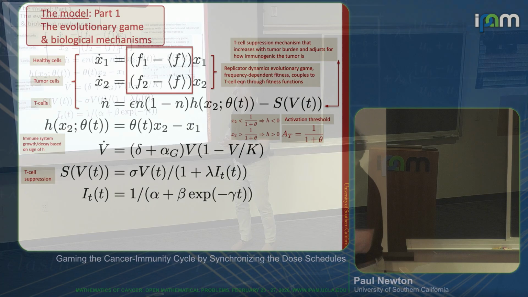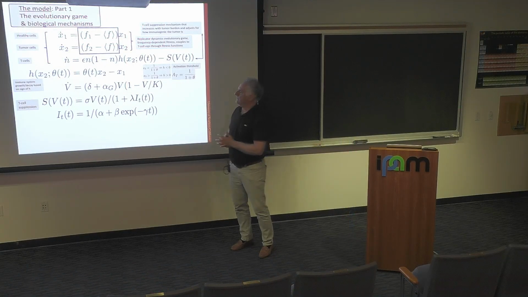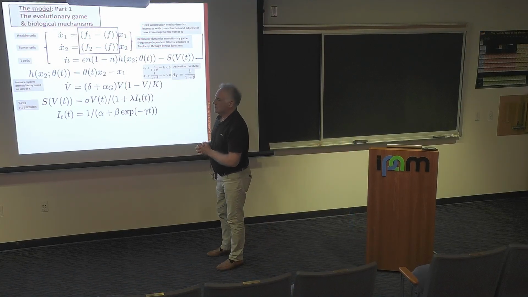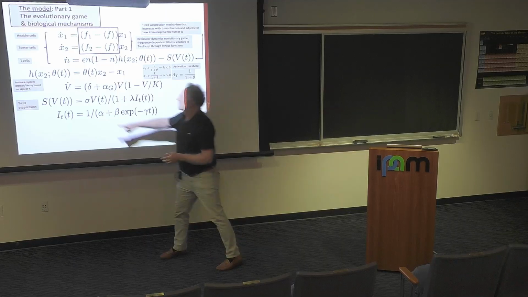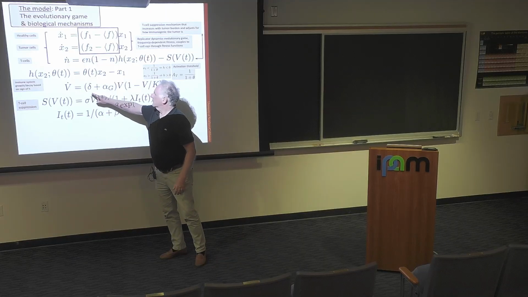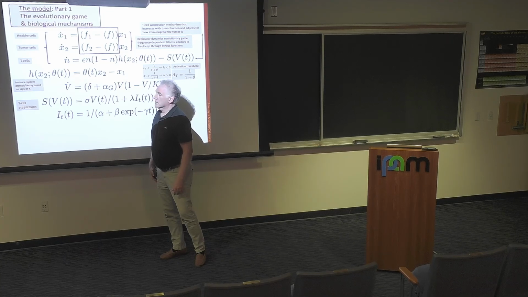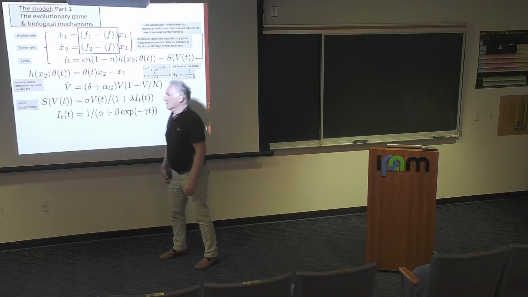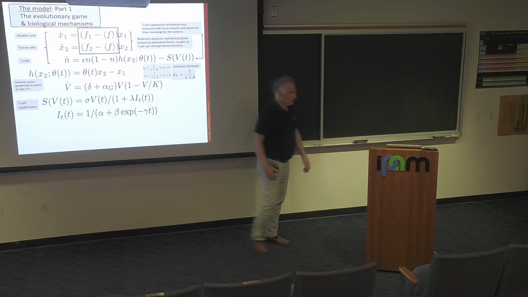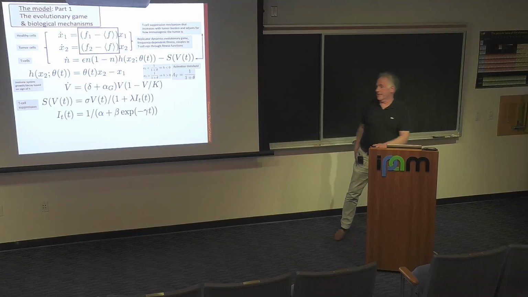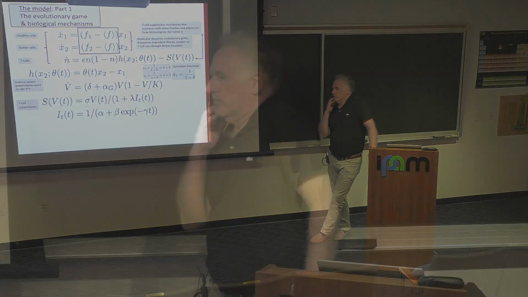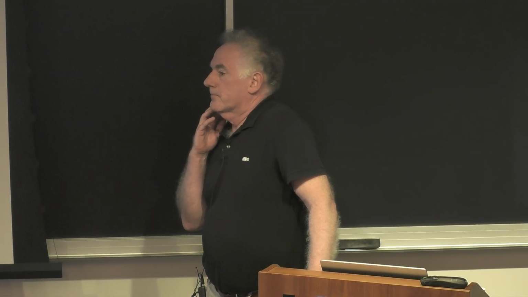Why don't you have V equals x1 plus x2? Why don't I what? Why don't you just say that V is equal to x1 plus x2, an algebraic relation? V, the tumor size, equals x2. Oh, right. I don't think that's a great model, but it is a model. Keep in mind, x1 plus x2 equals 1, so I didn't mean to say that.